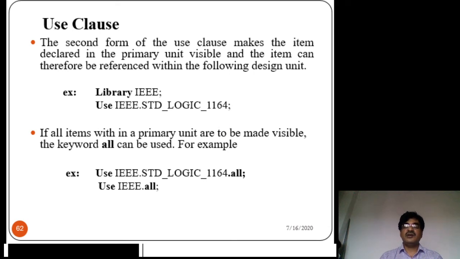Now whatever declarations are declared in this package are all visible. So that is the library and use clauses. Their purpose is to make the explicit visibility, right?